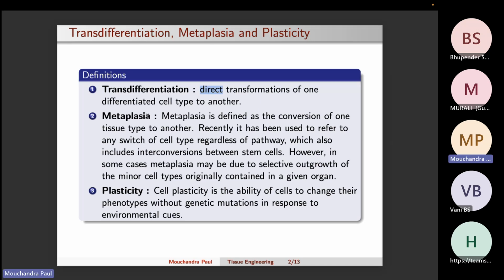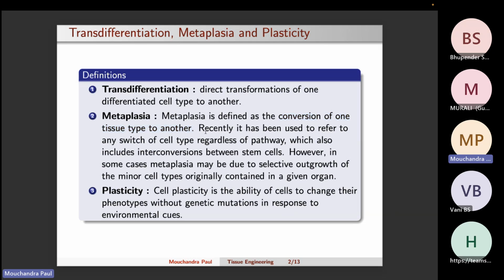Whereas metaplasia is a term used to define the conversion of one tissue type to another. Metaplasia is actually a very big term. It is used in various contexts. Even before the development of cancer, there is a metaplasia state that happens.